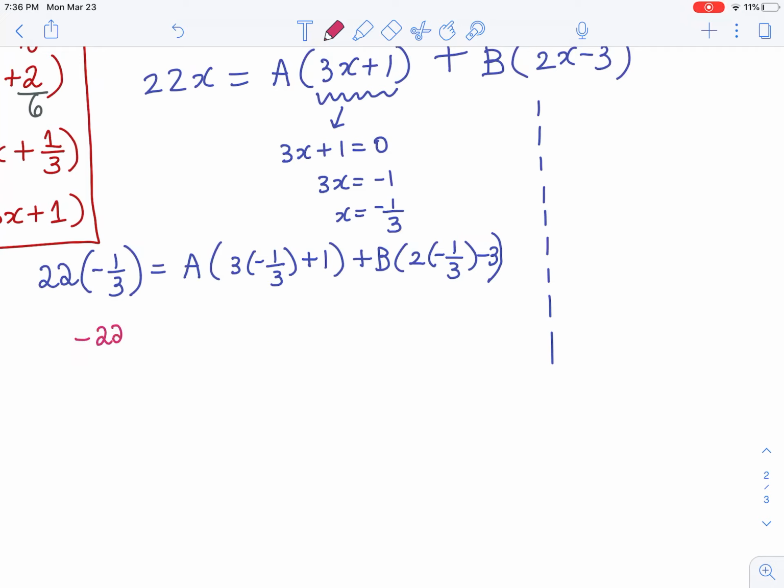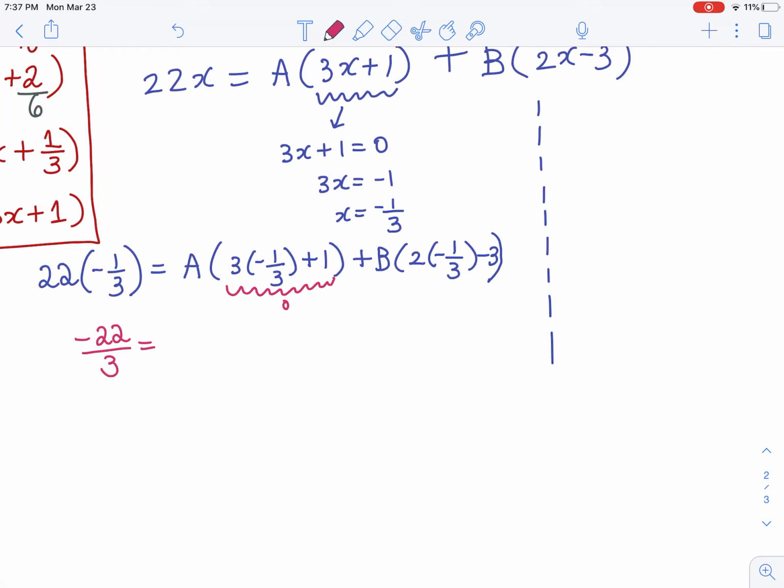This will turn into what? Negative 22 over 3 equals, now I don't really have to do this factor. You know what that's going to turn into. That's just going to become 0, right? Because we assume that we really found the x value that will make that factor 0. So without doing any plugging in, that's going to be 0.